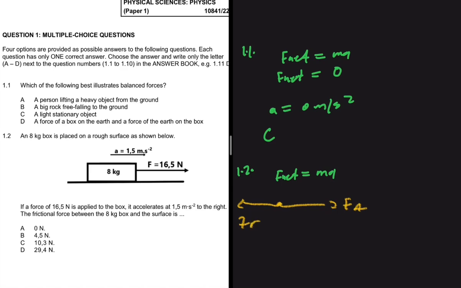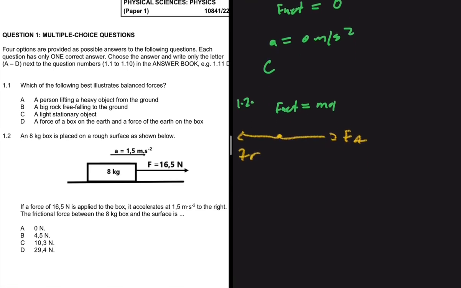If we substitute that into F net, we're going to say force applied minus frictional force is equal to ma. The force that is pulling the object minus all the forces that are opposing the motion. So that is 16.5 minus frictional force, which is equal to the mass, 8 kg, multiplied by the acceleration, 1.5.